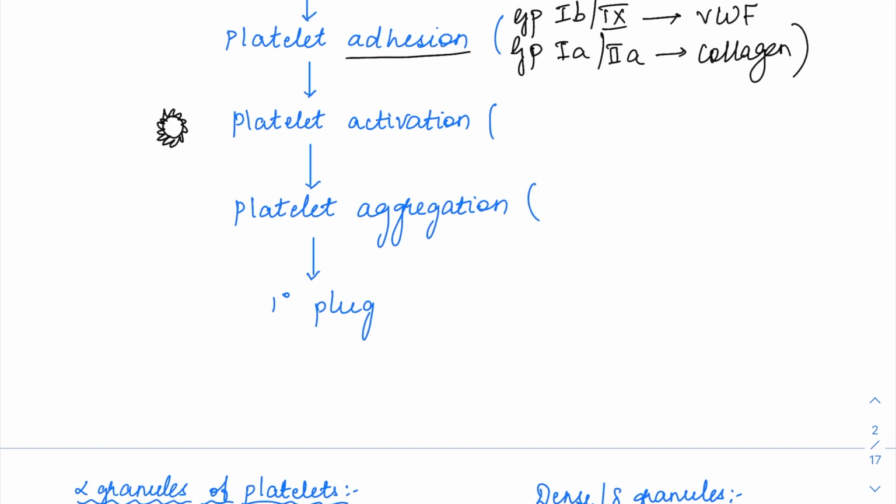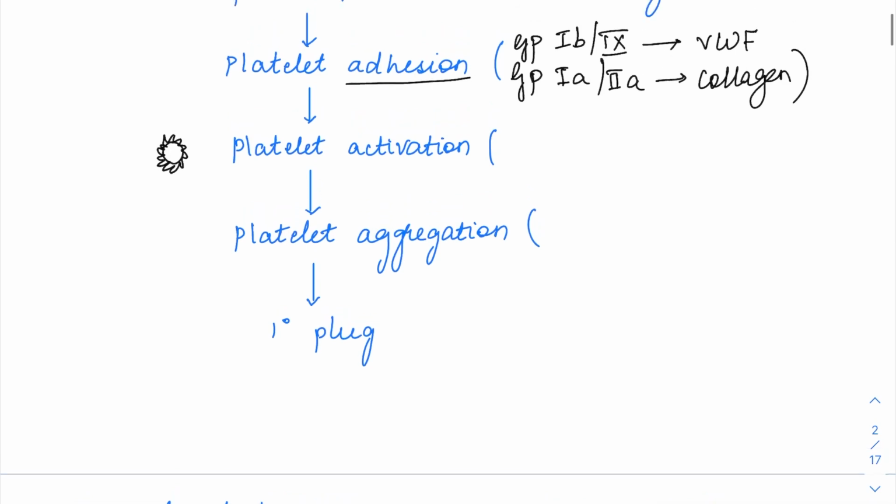Why does this shape change happen? Because it also causes a change in the phospholipid membrane. The phospholipid membrane of the platelets gets altered in that phosphatidylserine, which is normally present in the inner leaflet of the plasma membrane, now comes to the outer surface, just like in apoptosis. When it comes to the outer surface, it creates a negative surface charge.